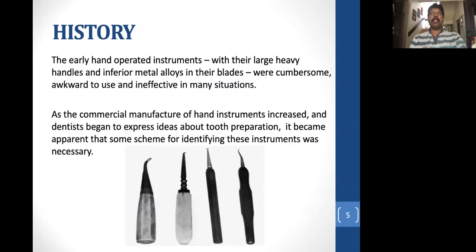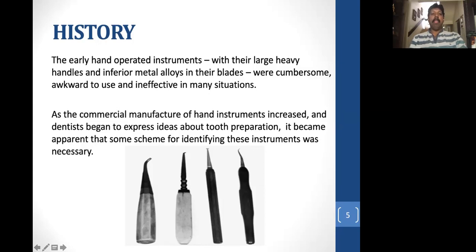Everything has evolved from bigger forms. Nowadays you get sophisticated instruments and your work efficiency is improved. Same thing in dentistry. The instruments used long back were very bad: huge, bulky, not sharp enough, and not very user friendly.